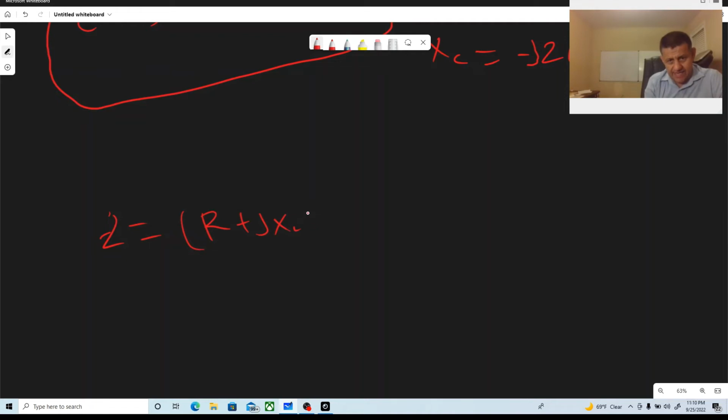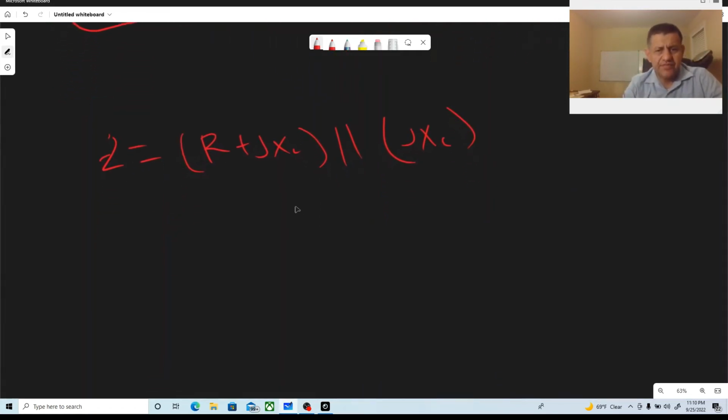Well, because it is the inductive reactance of the inductor, right? And then that is in parallel with the capacitor, with a JXC, right? I think we can say that, right?